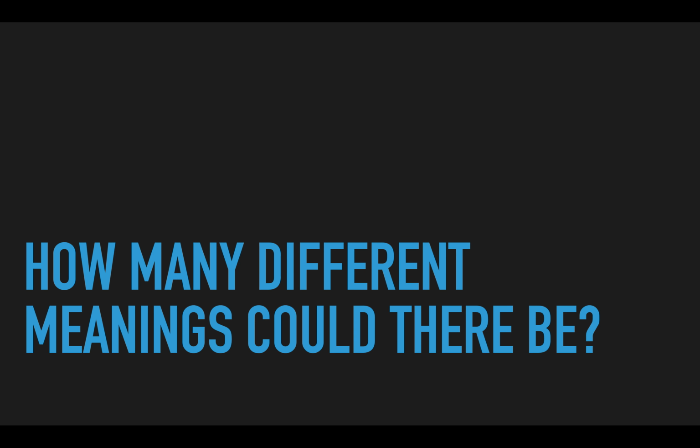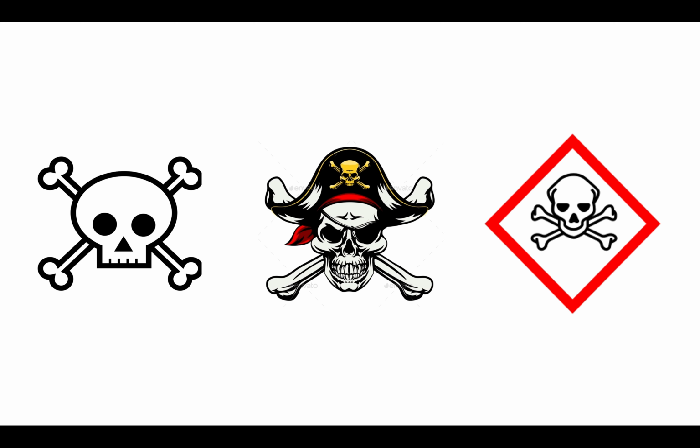So let's look differently. What is this? Just a skull and crossbones, probably the actual thing. But if we dig a little deeper, what could we have added to it? What are some different meanings there could be? Looking at it this way, this is just a few, but each one of these is different, skull and crossbones still, but could be a different audience.